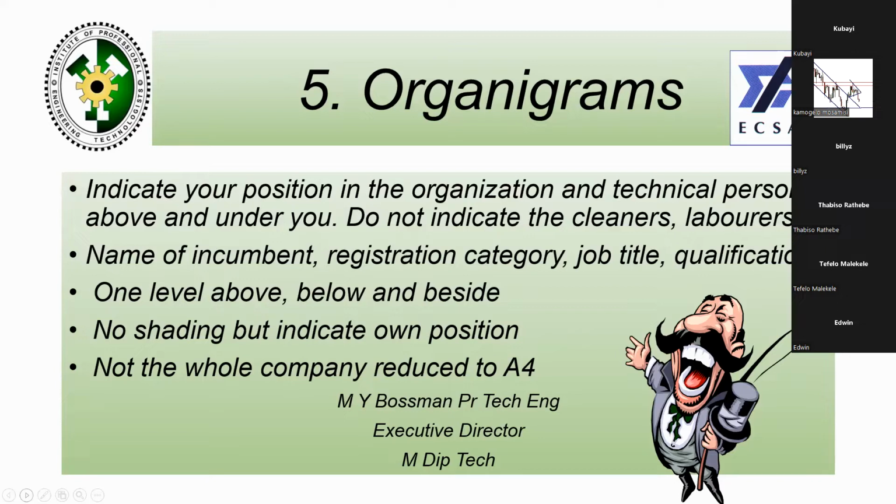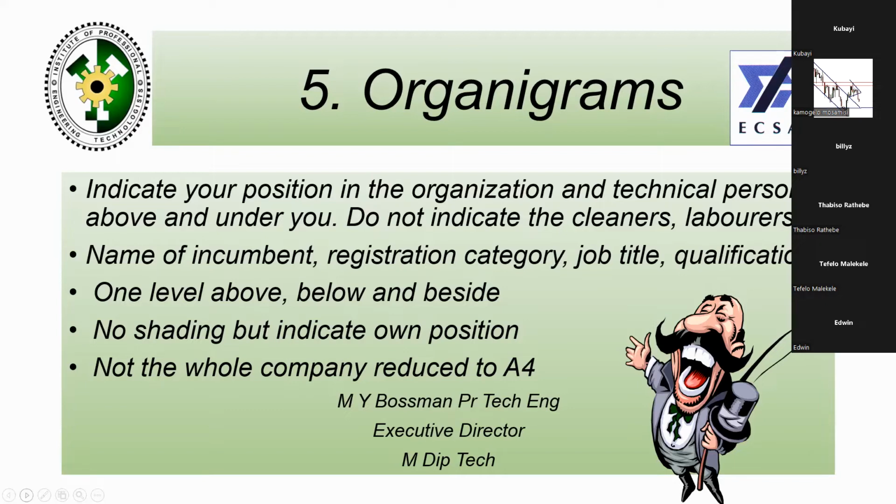Now, the organigram for the power station was an A0 piece of paper with a couple of 100 people on there. And this guy took this thing and he reduced it to A4 and he submitted. You couldn't see where he was on this organigram. That, of course, is a totally extreme example. But what they want is your name, your registration category, the people one level above you, one level below you, and someone who is working on the same level as you.